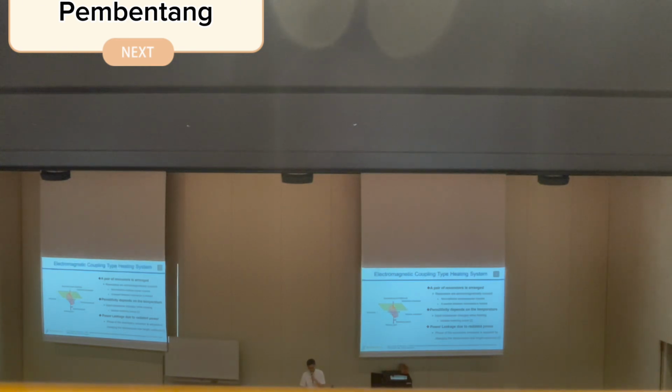In this system, we have two challenges. One is the permittivity dependence on the temperature, and the second one is power leakage due to the radiated power to the outside of the system. The resolution for input impedance change: if the temperature rises, the permittivity is also changing, and the input impedance changes while heating.